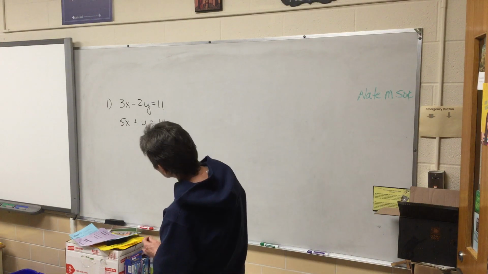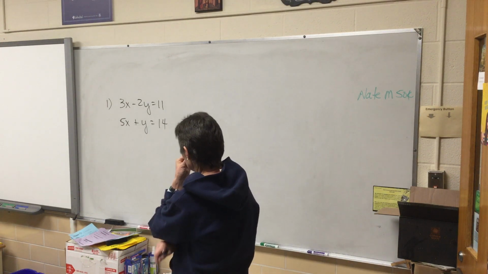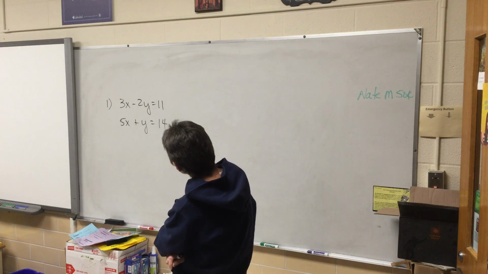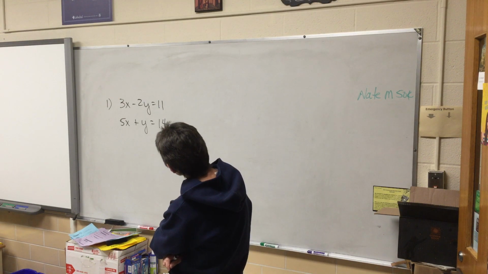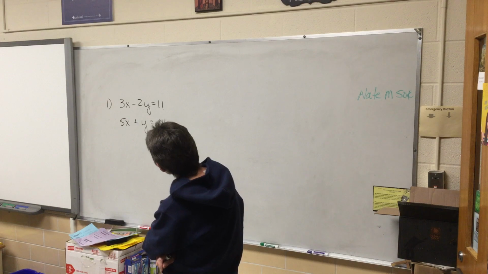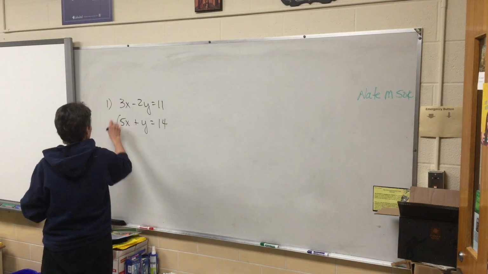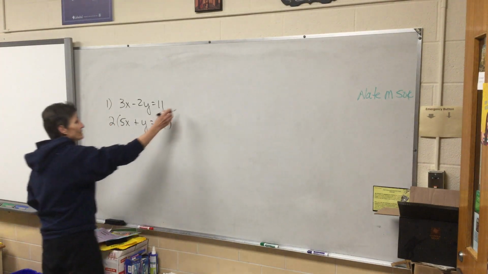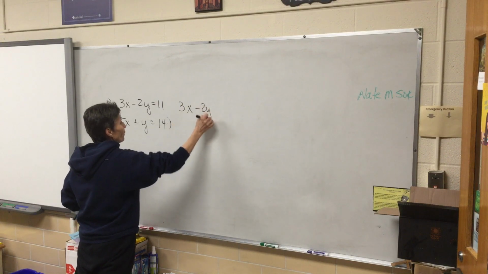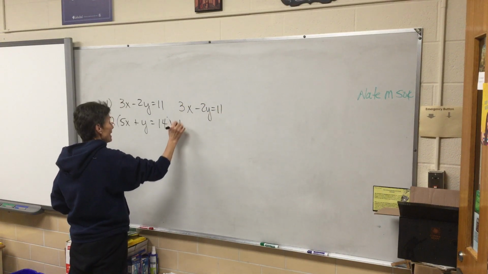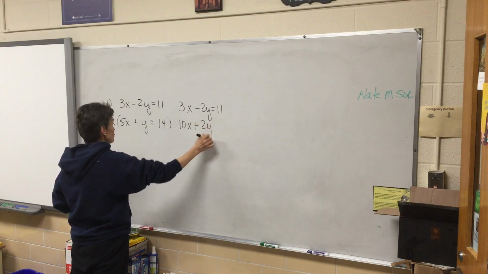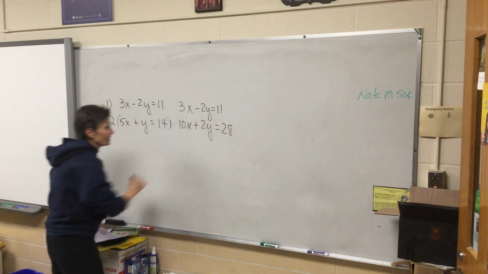All right, what do you want to do? Substitution or elimination? Can we multiply the bottom by a positive 2? Okay, so what you're doing is eliminating, and that's absolutely fine. So 3x minus 2y equals 11, and 10x plus 2y equals 28.